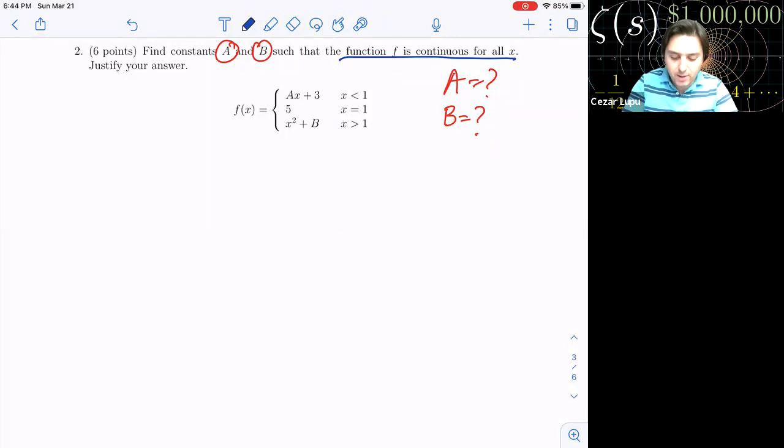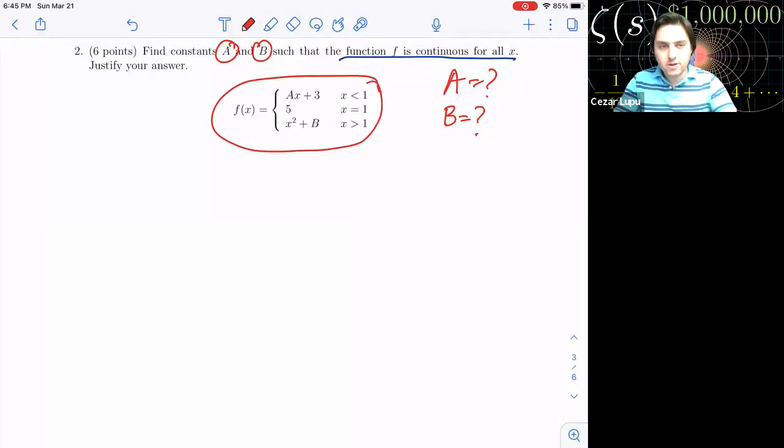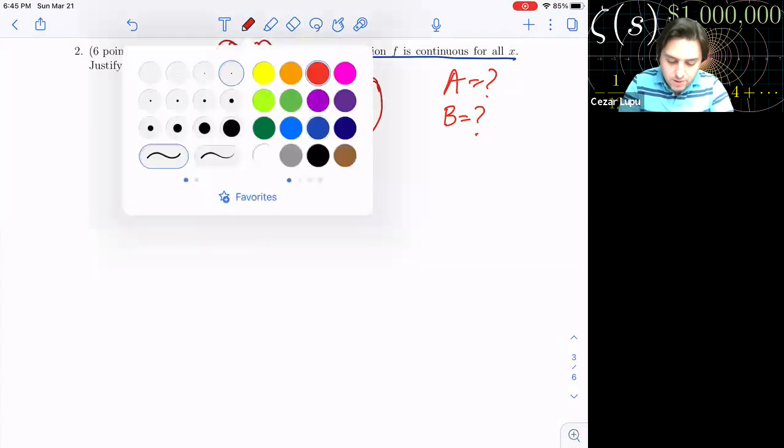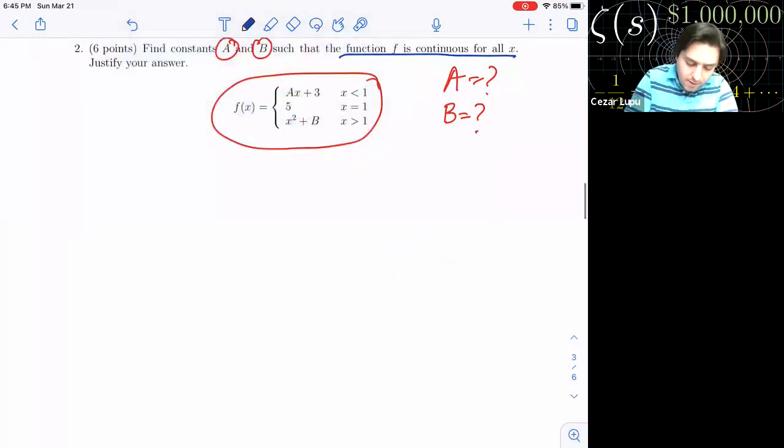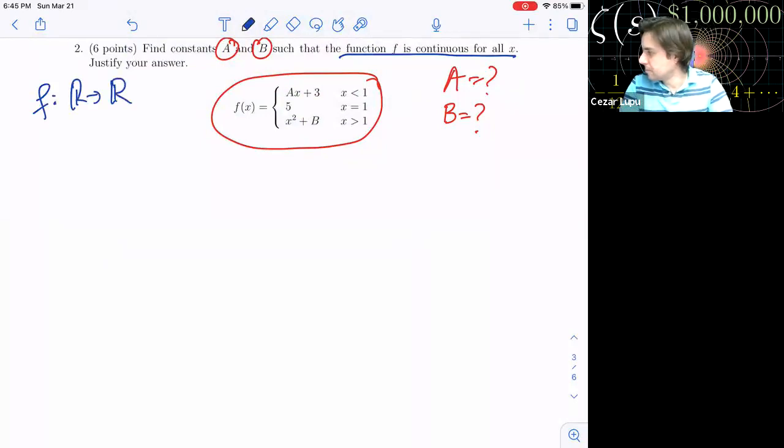Just look at the function. Look at it here. What is that point that we need to look at in the definition of the function, right? So the function f is defined on R, real valued. When I say f is continuous for all x, I mean all real x. But if you look here, there is one particular point at x, and that particular point is what?